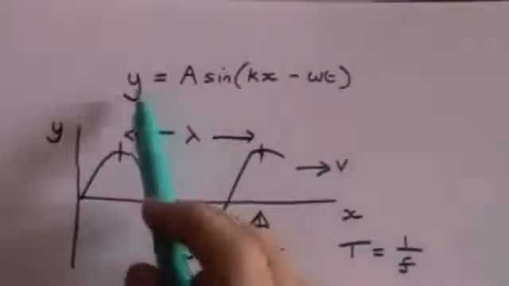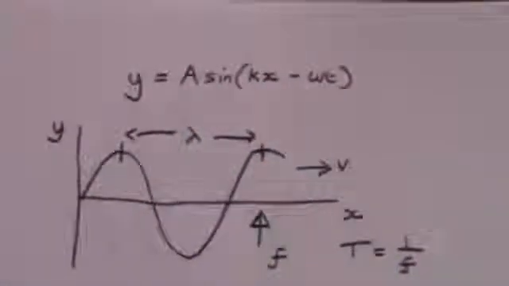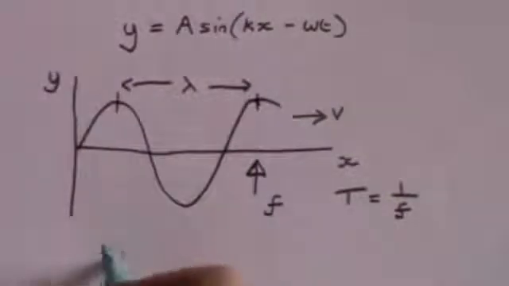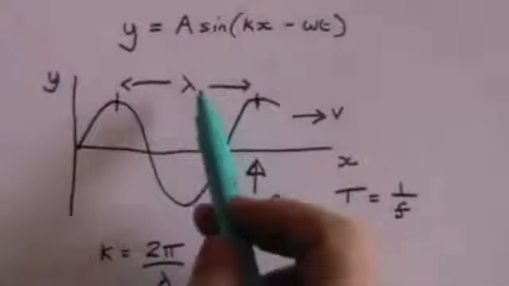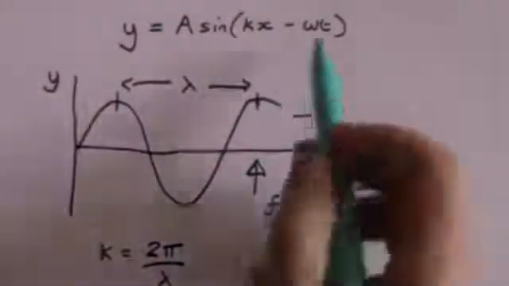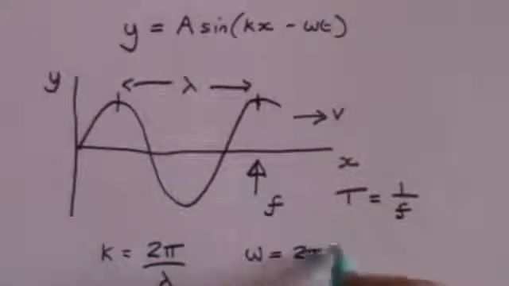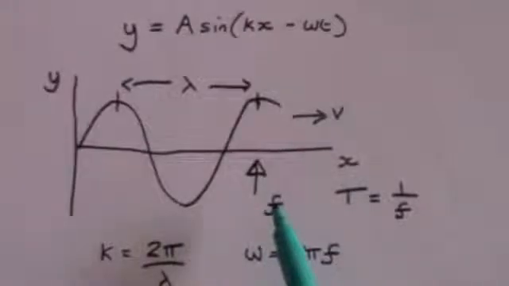Now this formula, we shall see, tells you everything you need to know about this wave. K in the formula is equal to 2 pi over lambda, where lambda is the wavelength. And omega in the formula is equal to 2 pi times the frequency, where frequency is the number of waves passing a fixed point every second.